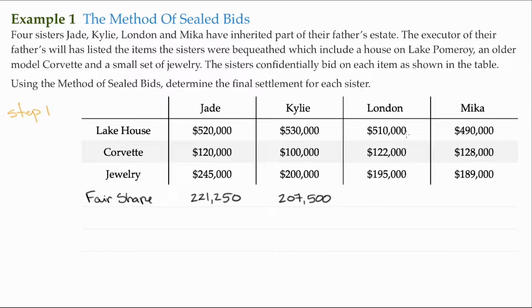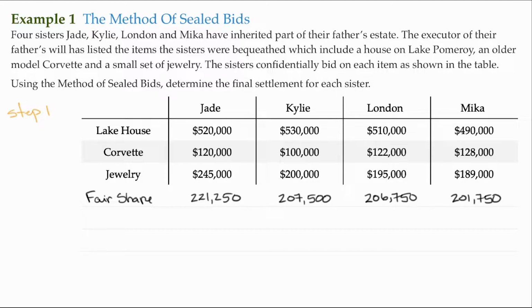She bids $510,000 for the lake house, $122,000 for the Corvette, and $195,000 for the jewelry, for a total of $827,000. Divide that by 4, and she expects to get $206,750. Finally, Mika tallies it all up, divides it by 4, and expects to get $201,750 worth of the estate.